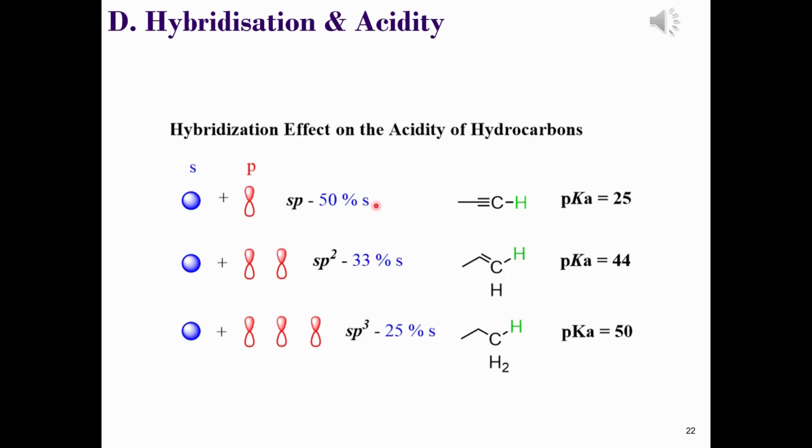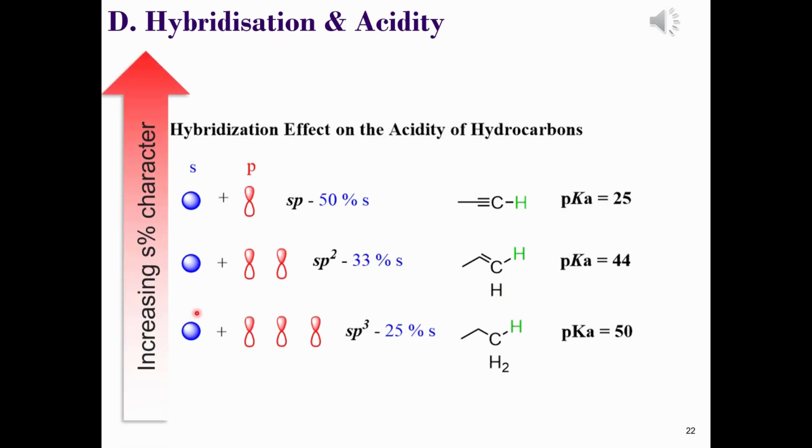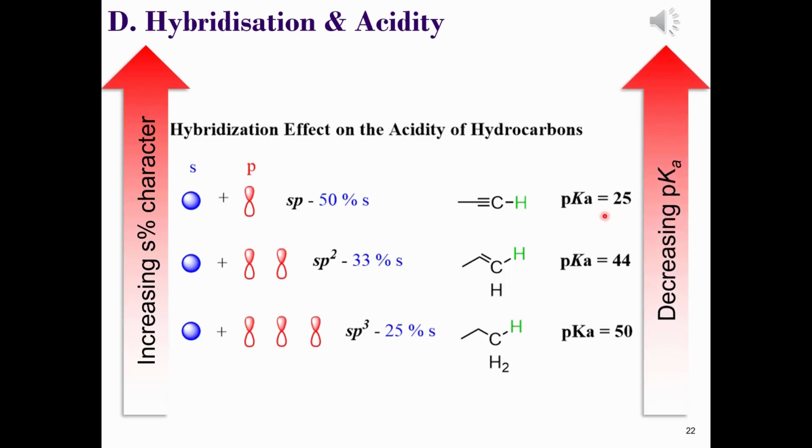We can see that with increasing s character that the pKa decreases and that this increases the stability of the conjugate base or the anion. And this is akin to the effect of electronegativity. The more s character in the orbital, the closer the electrons will be to the nucleus and the lower in energy, or the more stable they are.